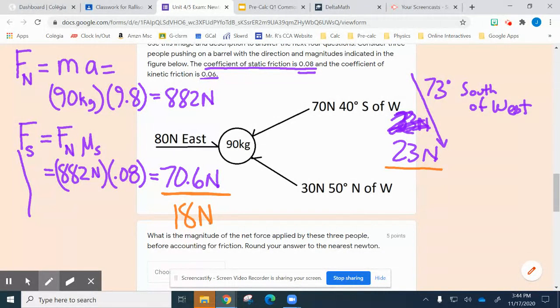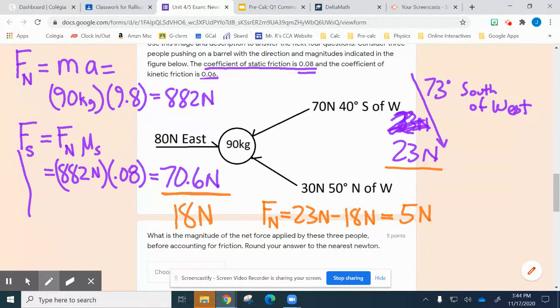And what you'd have to do is figure out the net force on it. It would be the force of sliding, which is 23 newtons, minus the force of kinetic friction once it starts moving. And 23 minus 18 is 5. So it would have 5 net newtons of force.